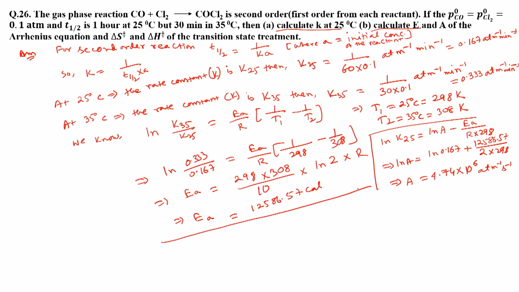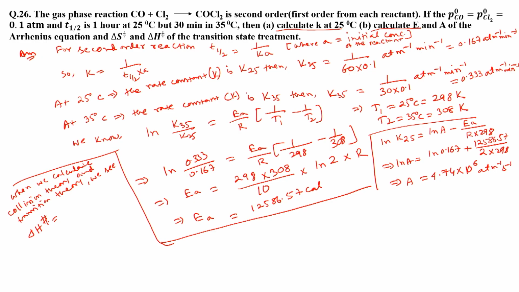When we compare collision theory and transition state theory, we see delta H dagger is E plus delta n minus 1 times RT.